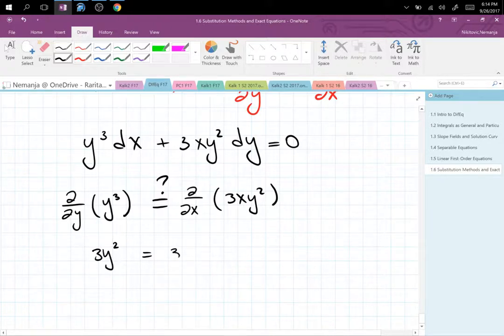So 3y squared, because the derivative of x is 1, right? And when you multiply 1 into 3y squared, you get 3y squared. Condition holds, therefore this is the exact equation, and we can go on with the procedure to solve it.